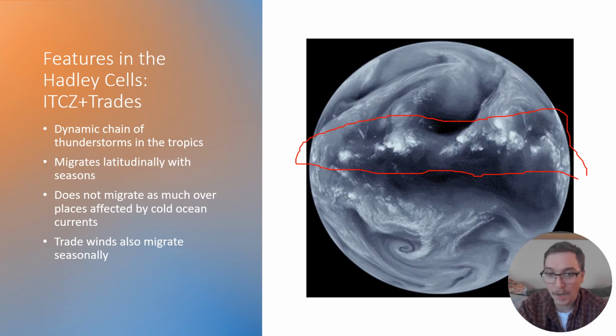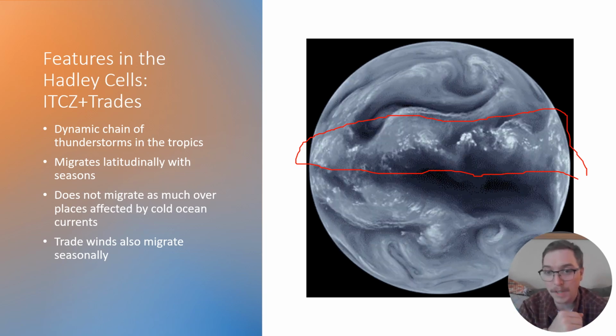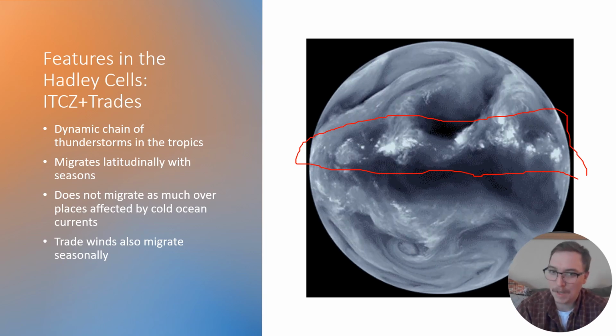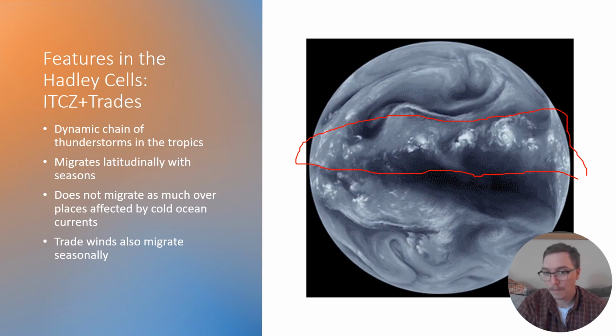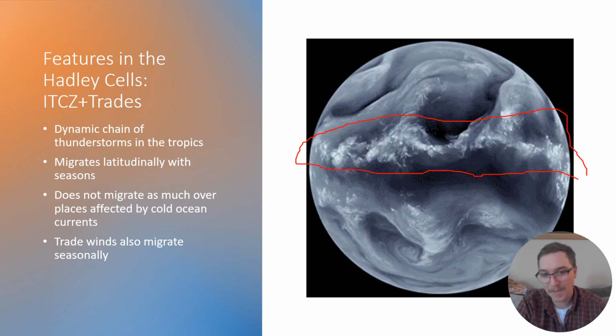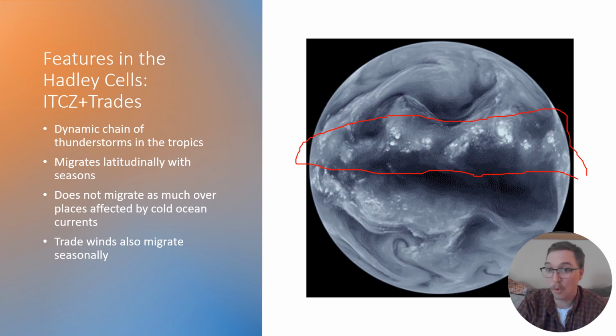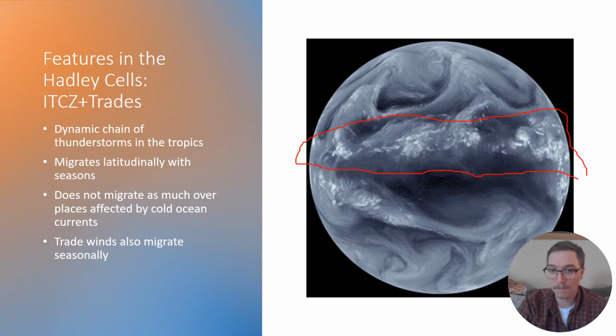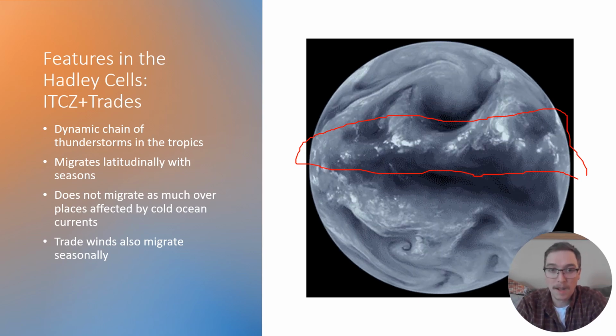And that's what we see here: over the cooler waters, typically on the eastern side of your basins, this ITCZ is a bit suppressed, where over the western portions, the warmer portions, it moves and migrates because there's more moisture, there's more evaporation, there's more energy within the system.